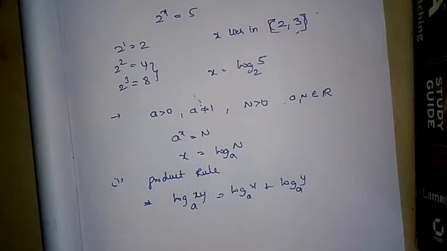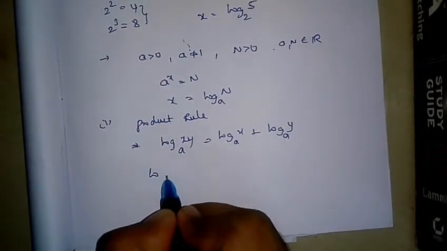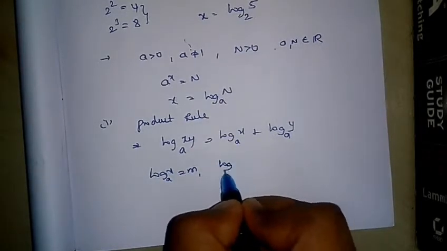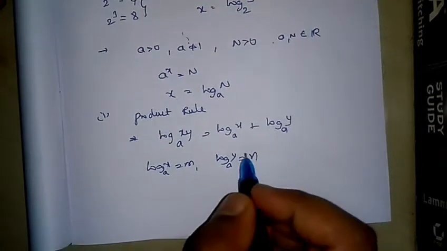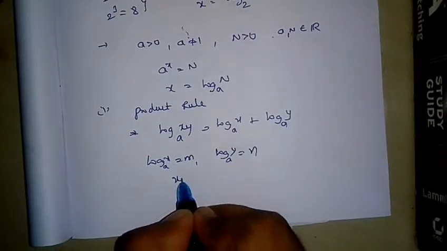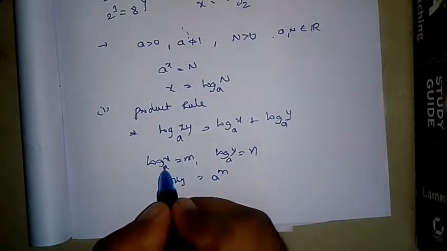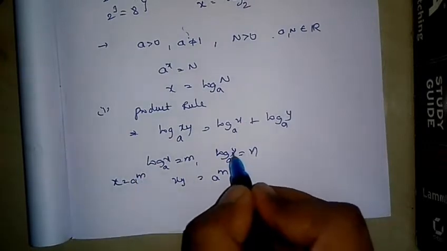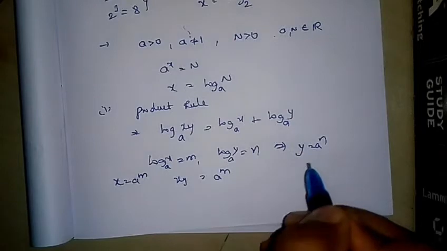The proof is also given in the textbook. I will explain it. Suppose log x base a be m, log y base a be n. What is xy? If log x base a is m, x is equal to a power m, and log y base a is n implies y is equal to a power n.